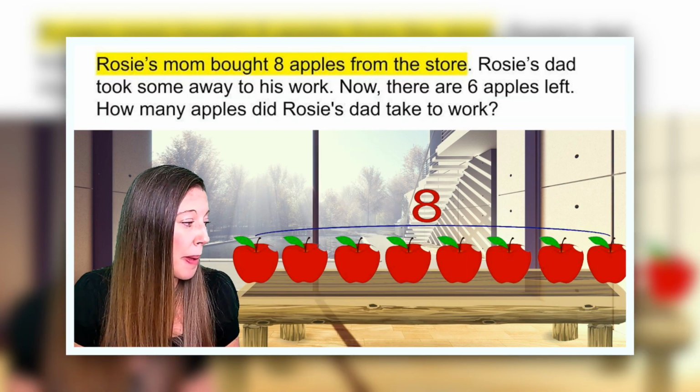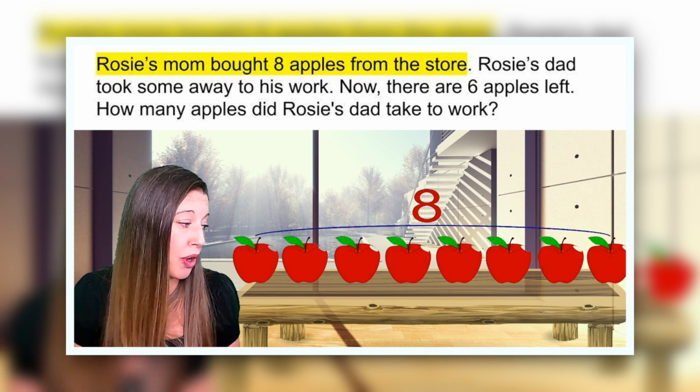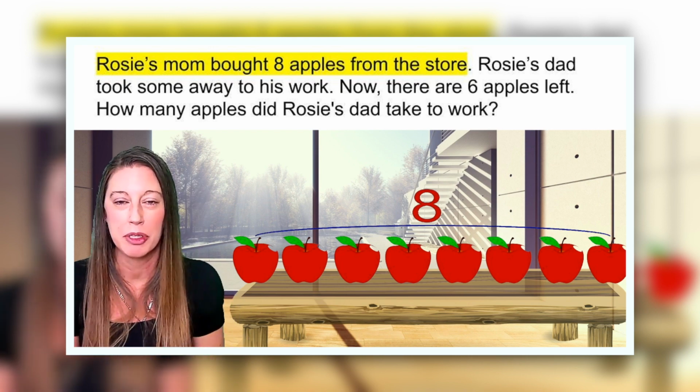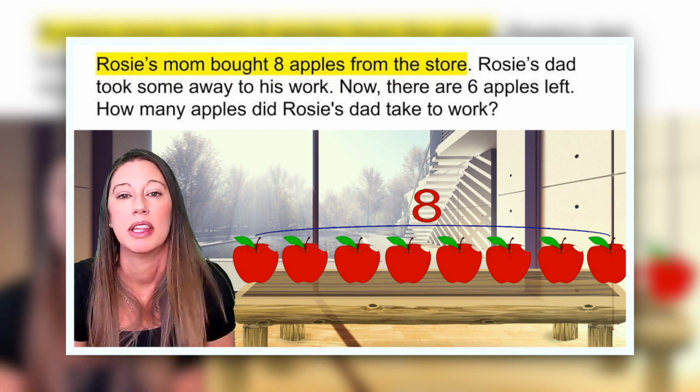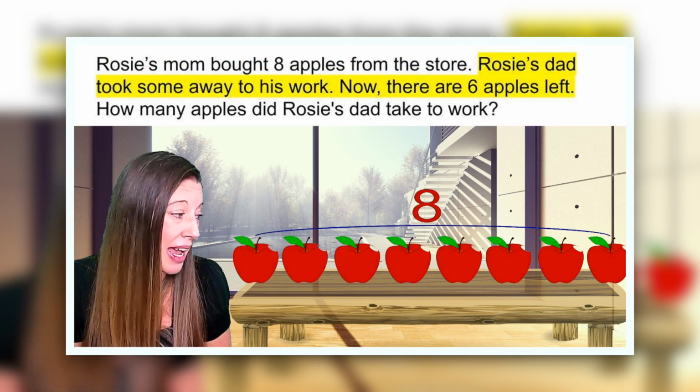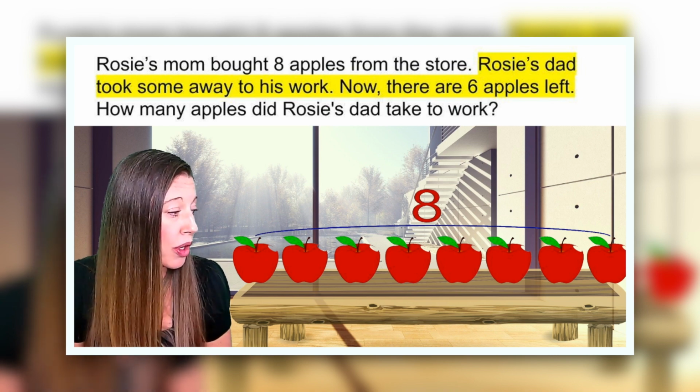Let's try another one. I'm going to read this word problem, but I want you to follow along with your eyes as I read. Rosie's mom bought 8 apples from the store. Okay, we have 8 apples that Rosie's mom bought from the store, right there. The next sentence says, Rosie's dad took some away to his work.